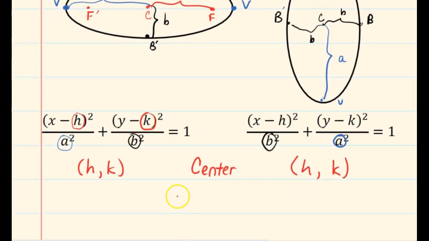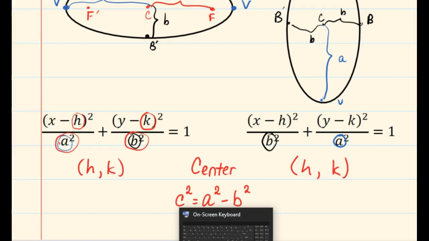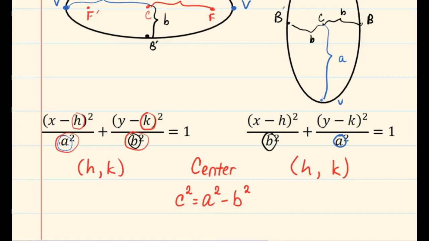That relationship is that c squared is equal to a squared minus b squared. We have a squared and b squared, we just need to subtract them and that will tell us the distance of c squared, or in our case, c.